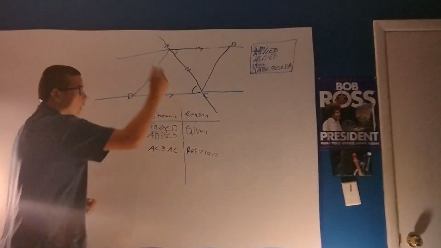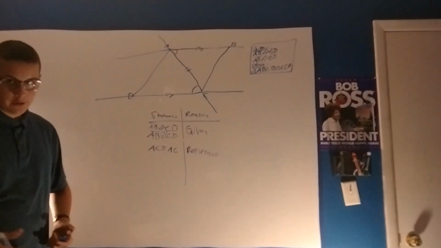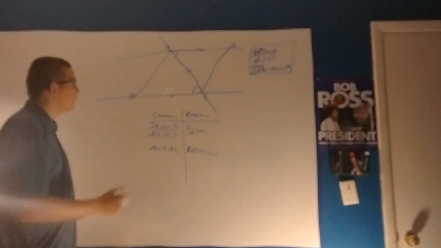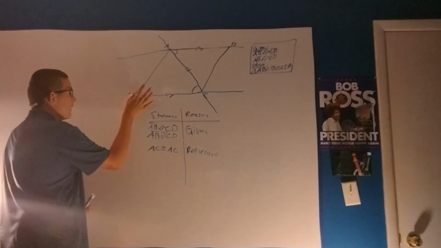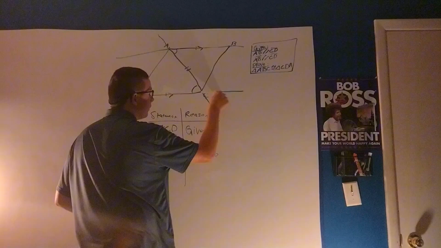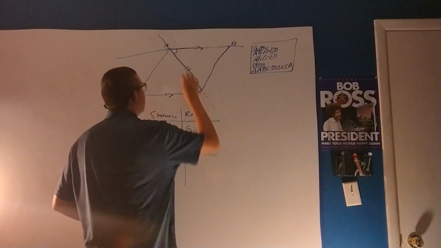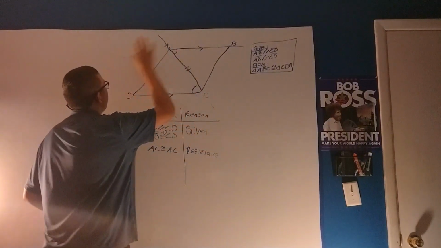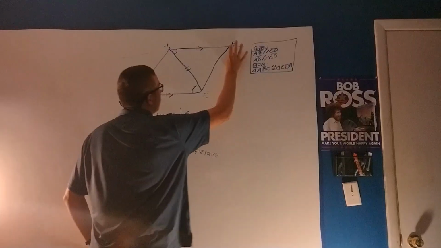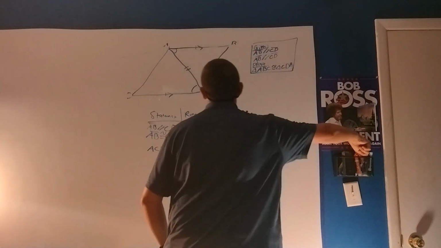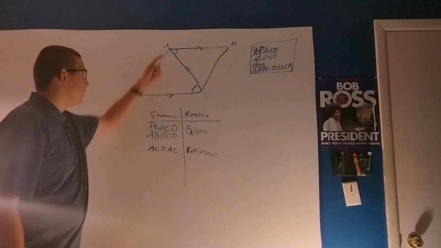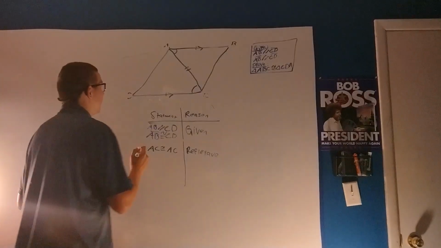So we know that these two are going to be congruent because alternate interior angles are always congruent. So just like that, let me erase all this extra stuff that I have drawn out. Just like that, we know that those angles are congruent, so we can write that out.